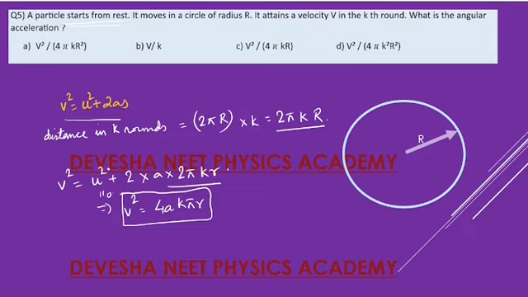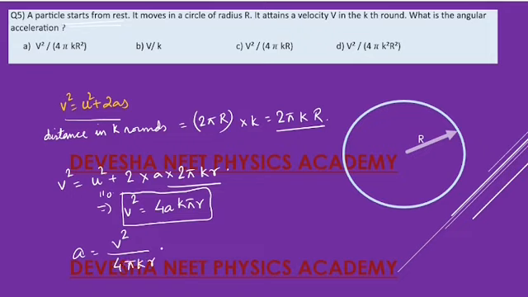So now we know that v square is equal to u square plus 2as. From this we know that a is equal to v square divided by 4 pi k r.